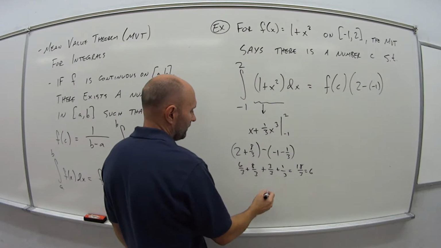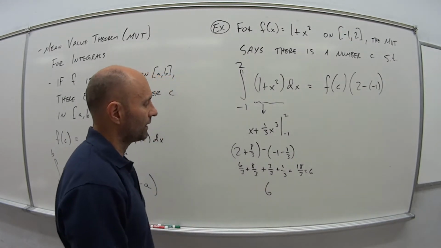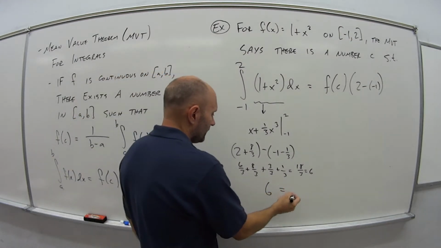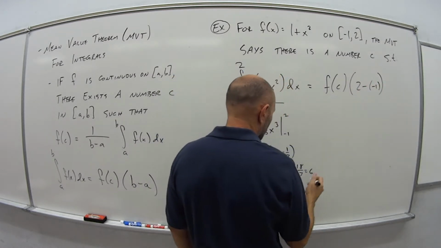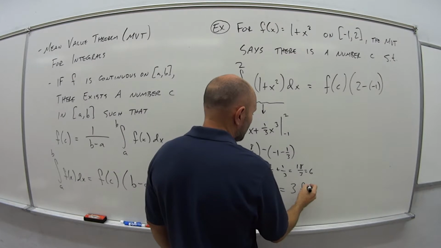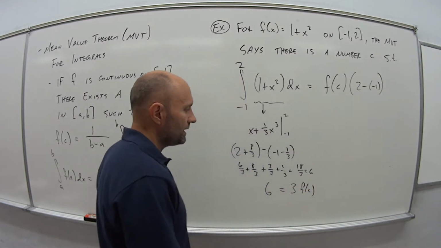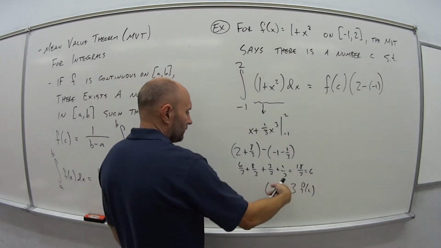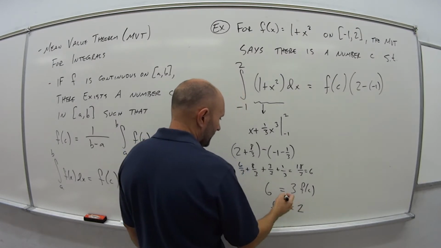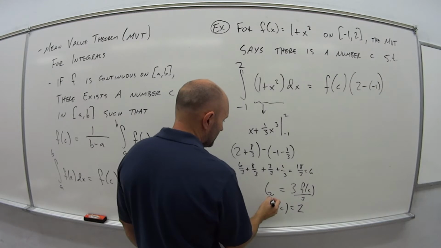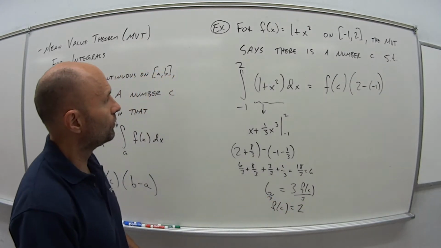So the left side of this equation is 6 is equal to 2 minus a -1, which is like 2 plus 1. So it's like 3 times f of c. So that means what? f of c, the average value, is 6 divided by 3, so if we divide both sides by 3, is equal to 2.